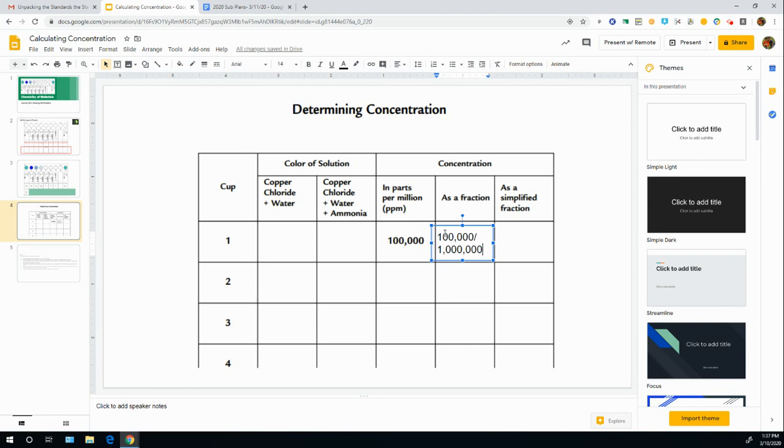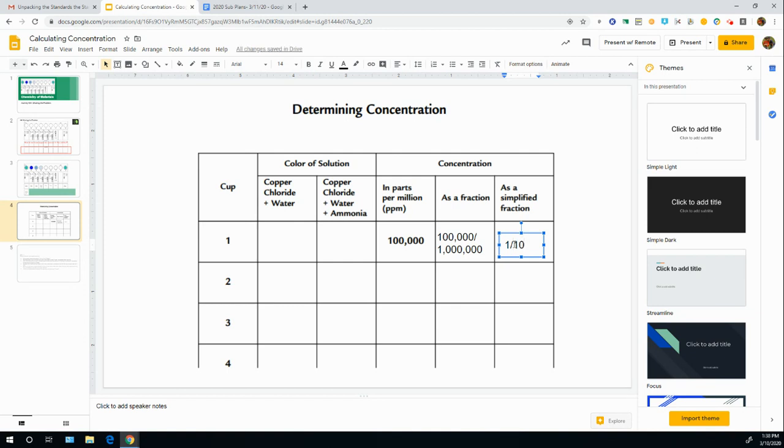The next step then, after you have written this as a fraction, is to show how the fraction can be reduced or simplified. Okay, to do this, we're going to cross off the same number of zeros in the denominator as the numerator. If we were to do that, this 0 is gone, and this 0 is gone, and so on, which would leave our simplified fraction then, as 1 over 10, or 1/10.